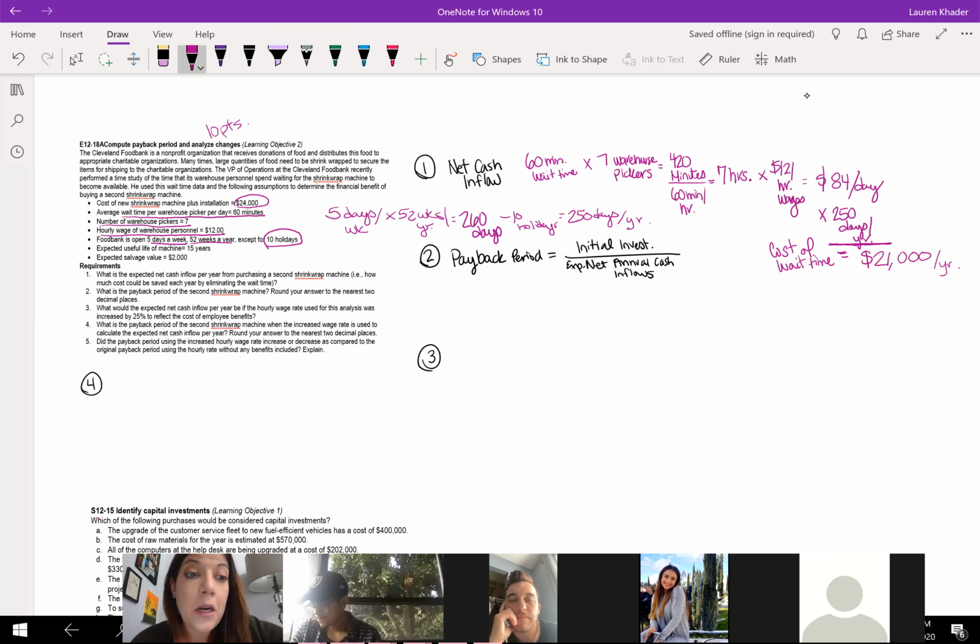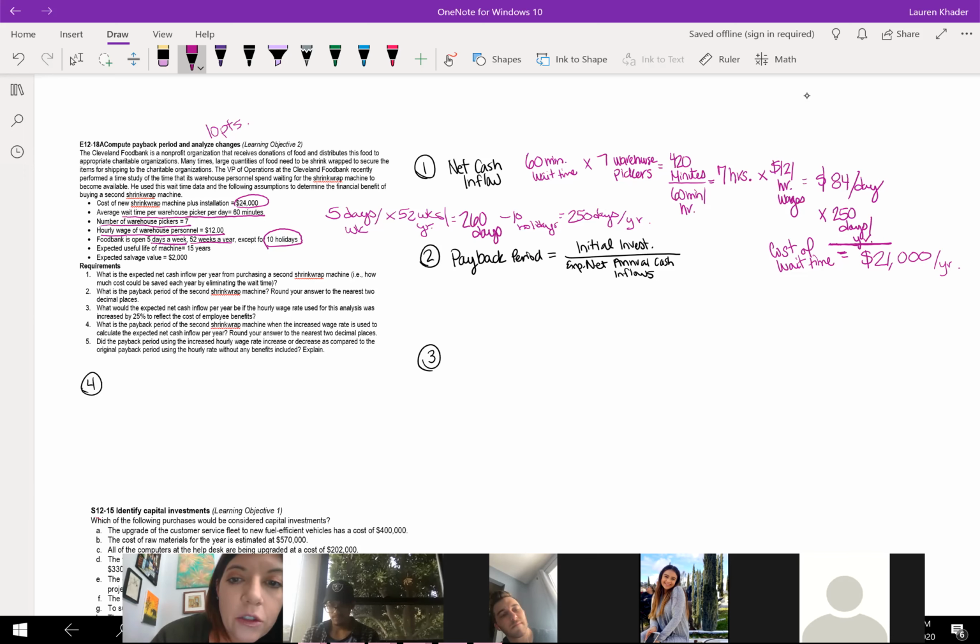We needed that just so we can compute number 2, which is the payback period of the second shrink wrap machine, right? Because this is the benefit, the expected net annual cash inflows, the savings that we're going to see. So we're going to take our initial investment, which is 24,000, which was given, divided by our calculation from number 1 above, which is 21,000 a year.